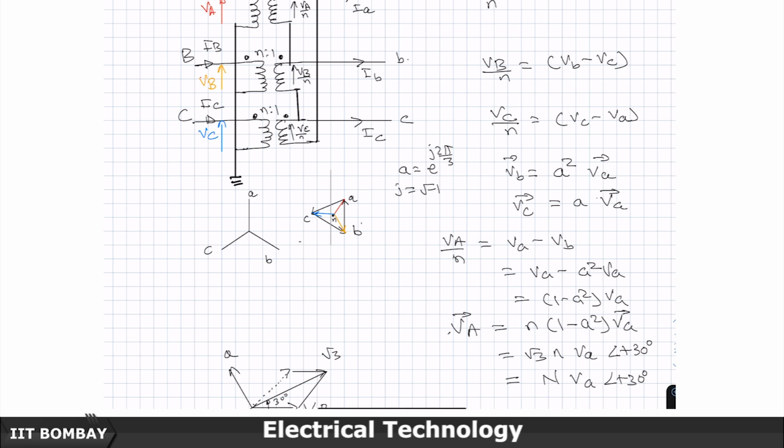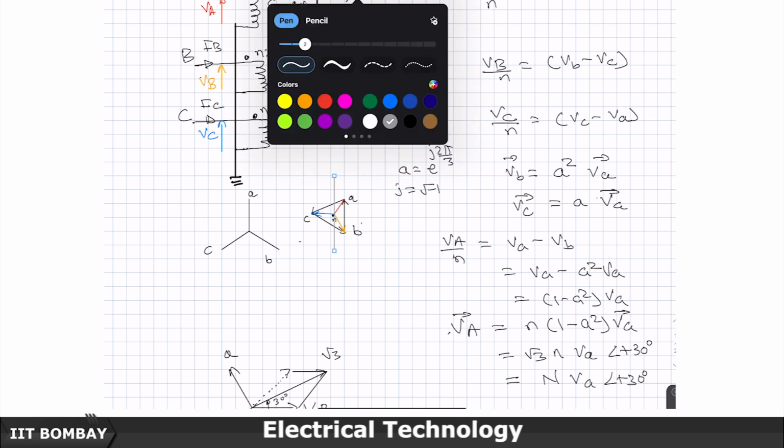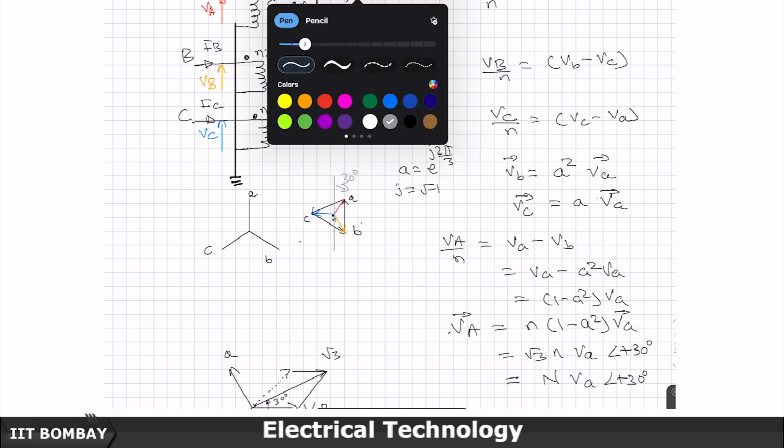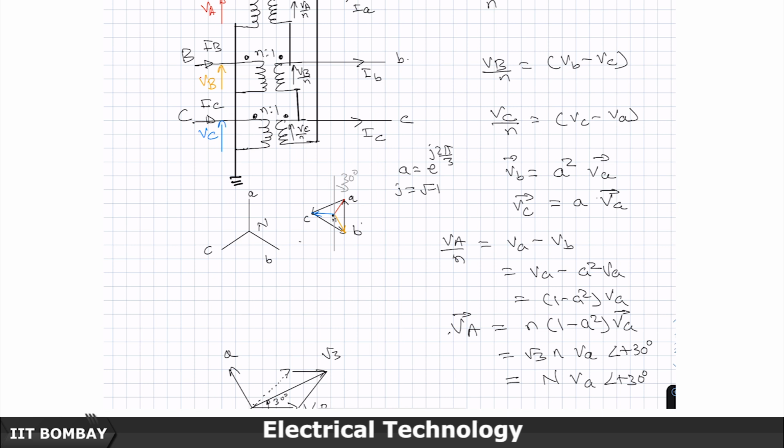This line is parallel to this line, and because this is VA to capital N, this VA to N now is lagging by an angle of 30 degrees.